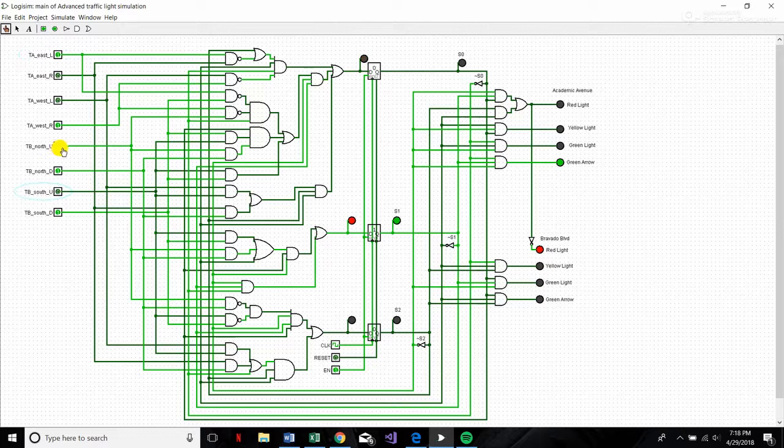So I'm just going to get rid of these to remove confusion while transitioning states. So now I'm going to show the different states and how they relate to different next state behavior.